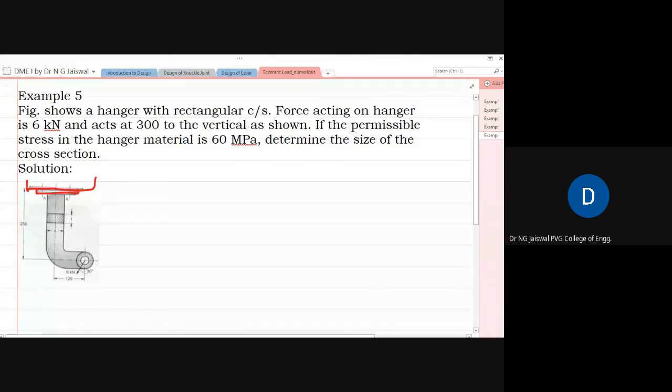This is a bracket, bolted to the wall. This is the section which you are interested in: one dimension is given as t, and the other dimension is given as b.